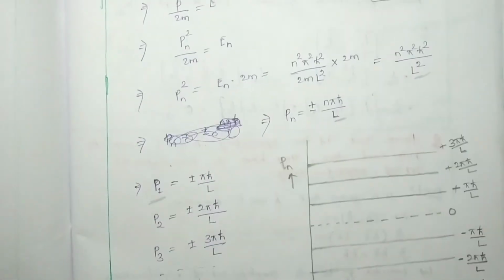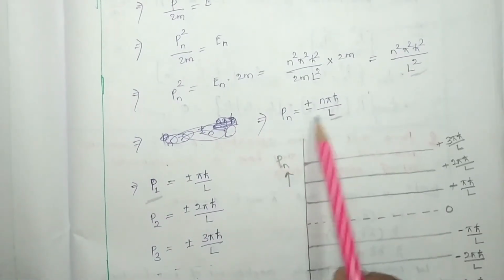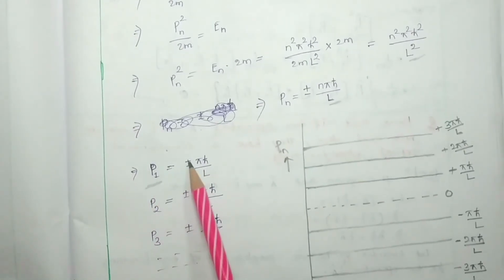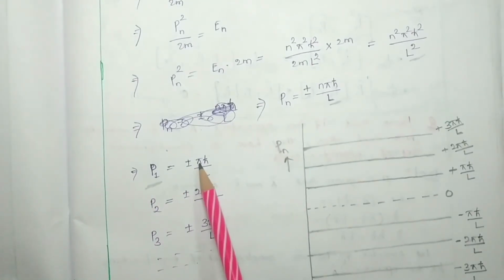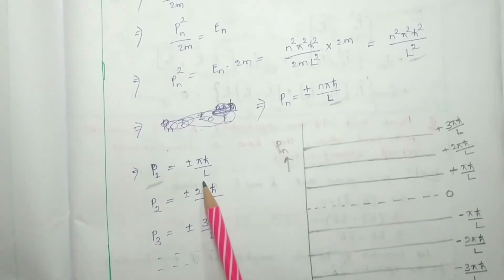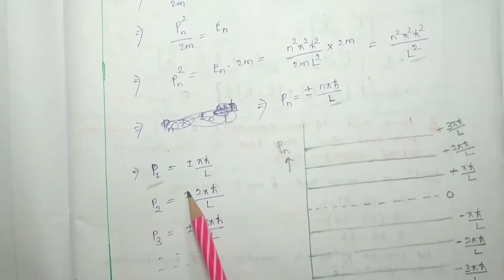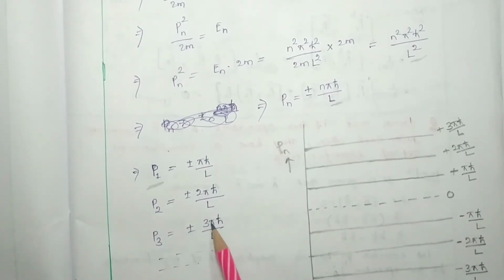So Pn equals plus or minus n pi h cross by L, and P1 will be equal to plus or minus pi h cross by L. P2 will be equal to plus or minus 2 pi h cross by L. P3 will be equal to plus or minus 3 pi h cross by L.